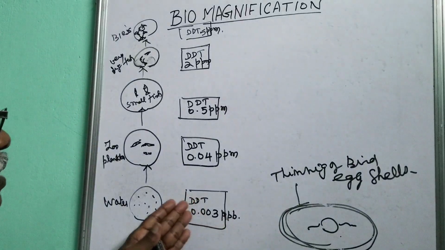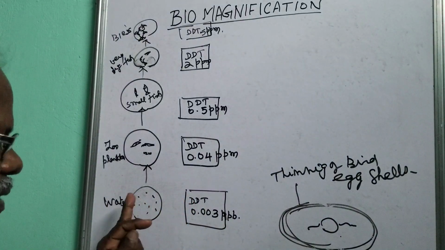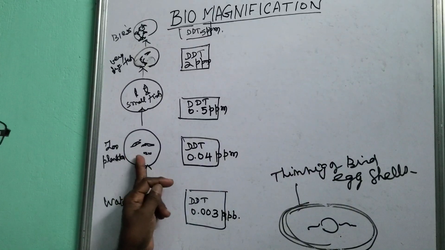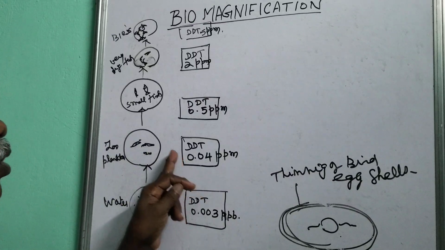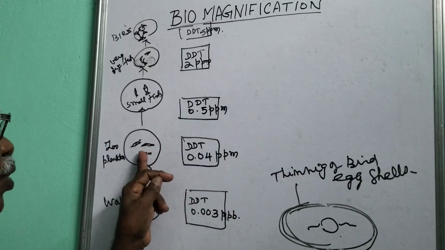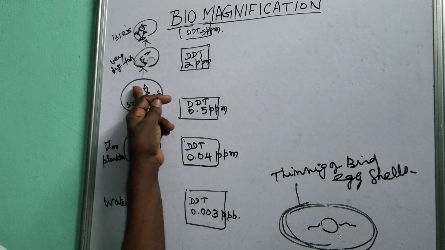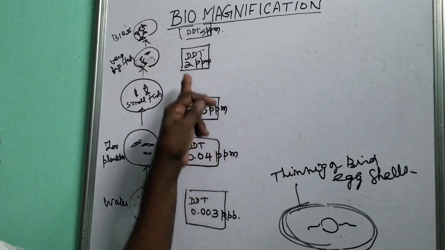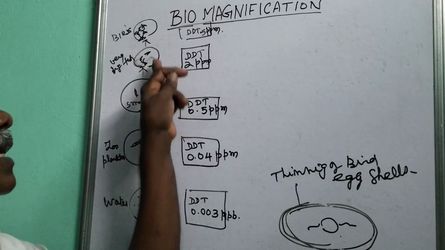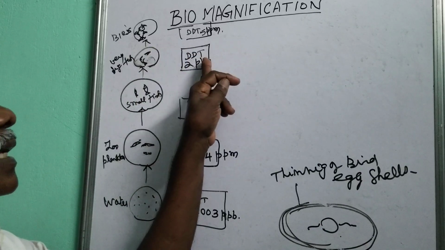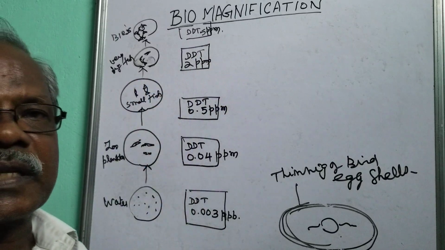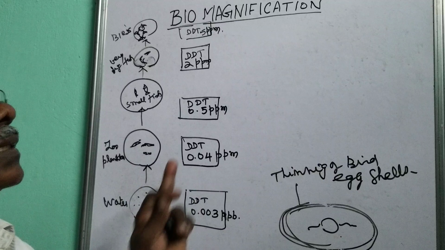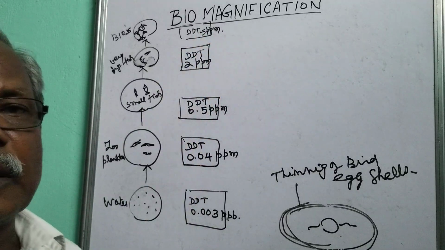So at the water level, the DDT is very low. When it comes to zooplankton, it is somewhat more. When the zooplankton is taken by small fishes, the DDT concentration is 0.5 ppm. Then the small fishes are taken by very big fishes, and the DDT is 2 ppm. The very big fishes are taken by birds, and it comes to 5 ppm.